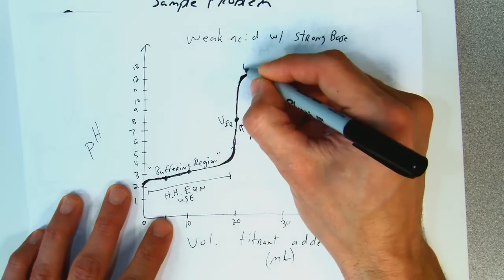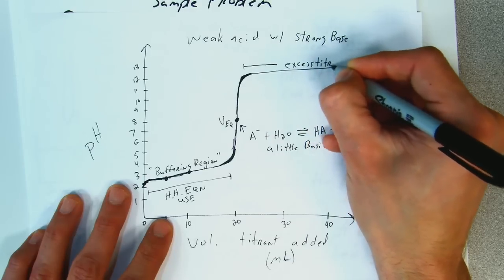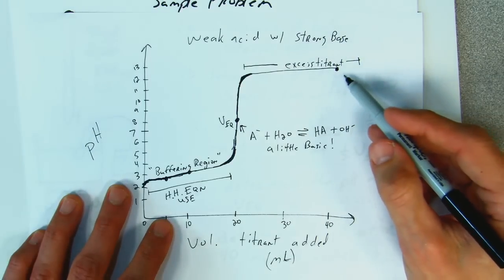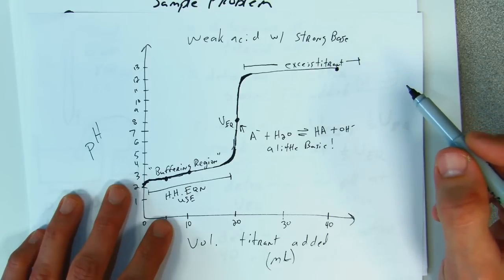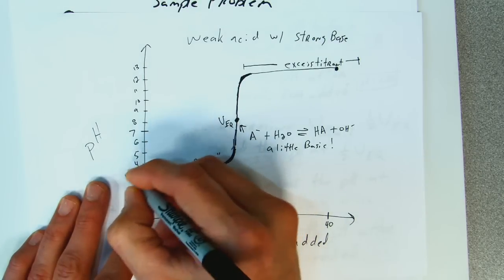And then out in this region, this is our excess titrant. This is where we've just over-titrated, okay? You just have to figure out how much excess OH you've got from the over-titration and solve for pH using that.